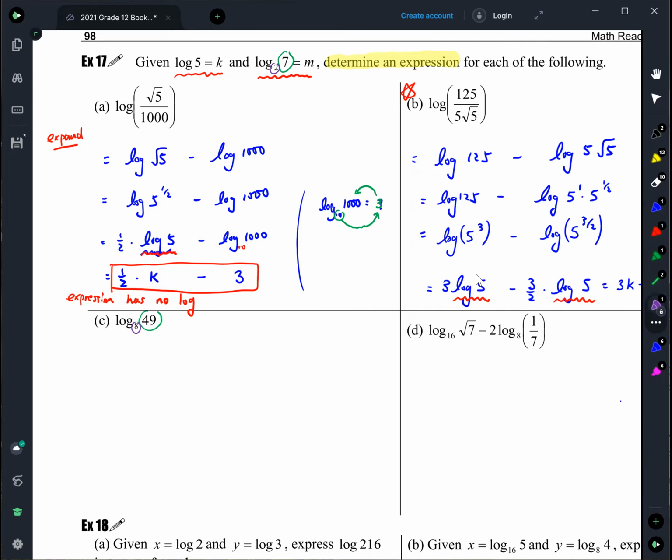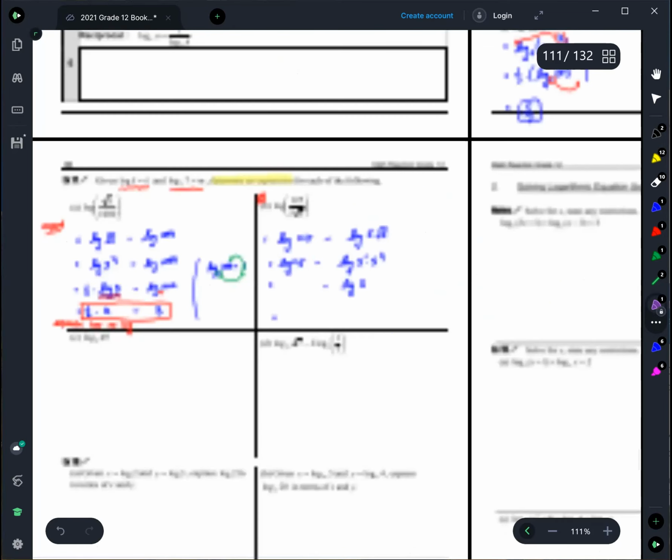So you have to have this kind of sensitivity, right? To spot the connection between the question and the clue. So how can we make them connect? So for this one, we need another law, okay? So let's go back before we look at this question again, right? Let's go back to our list of law.